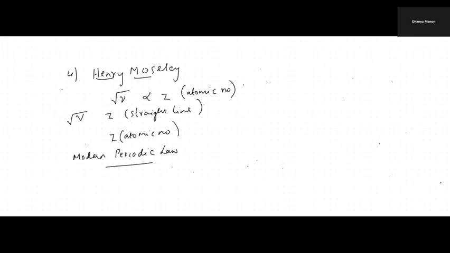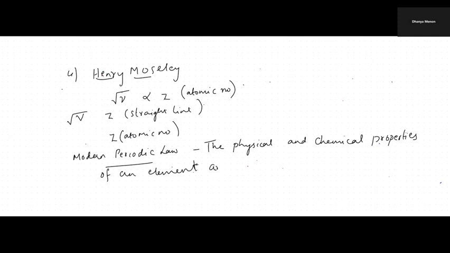According to this law, the physical and chemical properties of an element are periodic functions, that means they depend on atomic number.